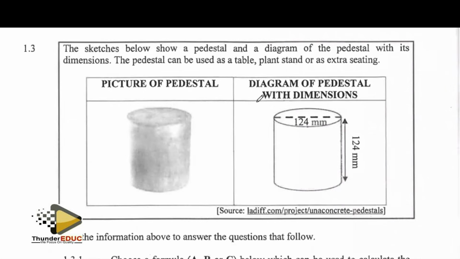All right, the sketch below shows a pedestal, and a diagram of the pedestal with its dimensions. The pedestal can be used as a stable plant stand or an extra seat.